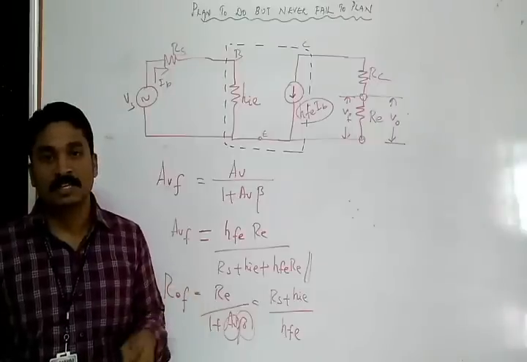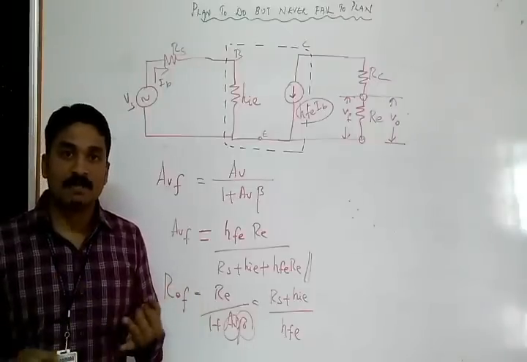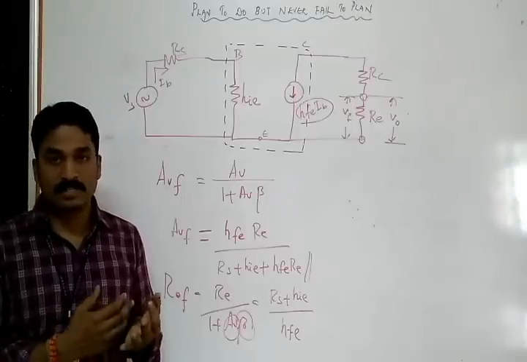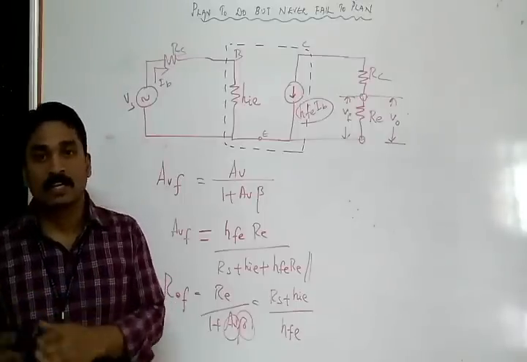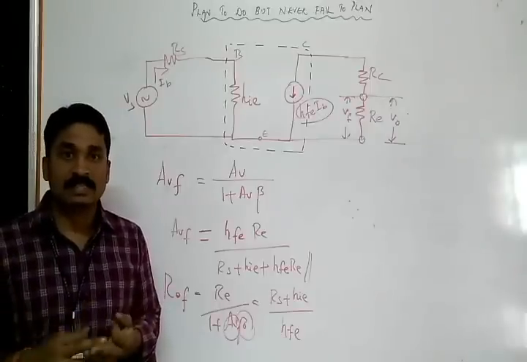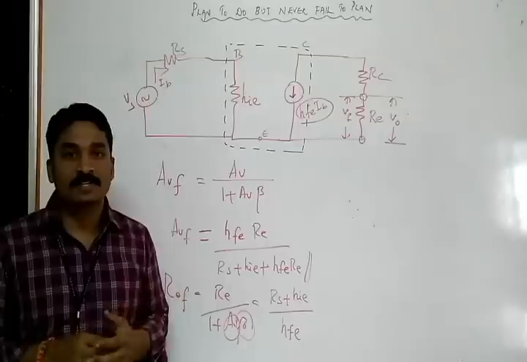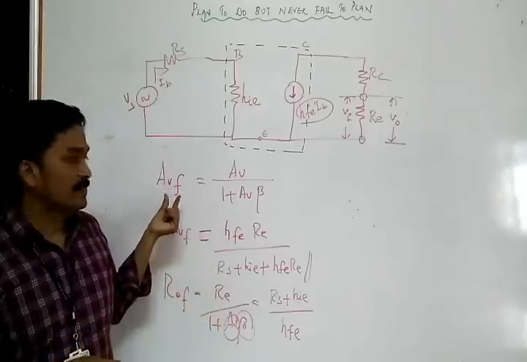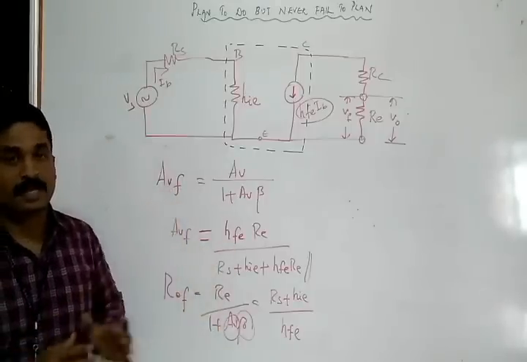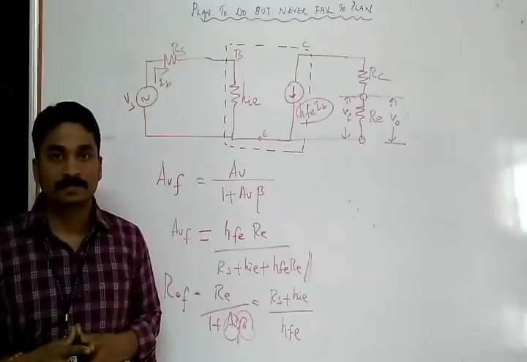Like this, for voltage shunt, current series, current shunt, you'll get GMF, RMF and AIF, because this is voltage series and the remaining three are equivalent to the current amplifier, transconductance and transresistance amplifier. So according to the configuration, you will get either AV or GM or RM or AI. So like this we can analyze the feedback amplifier circuits. Thank you.